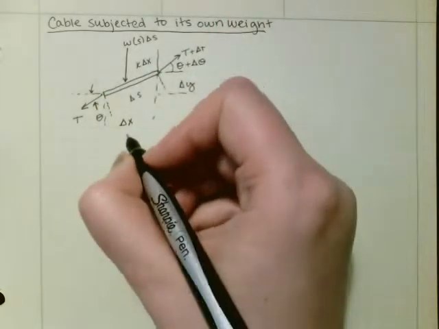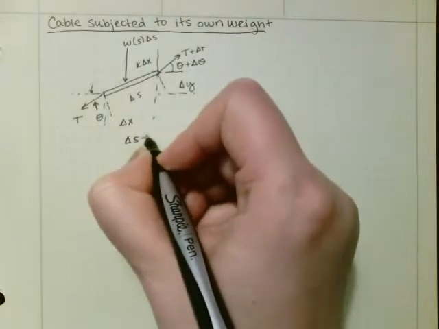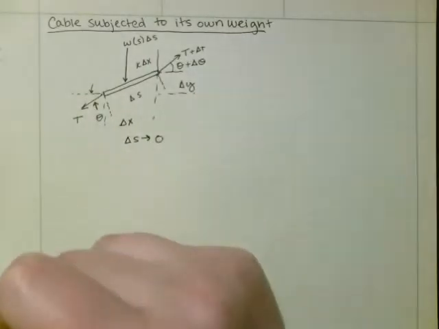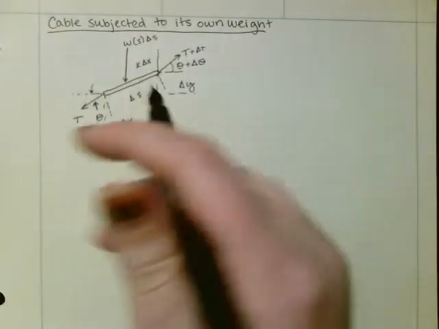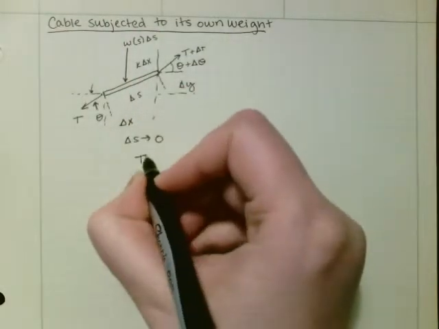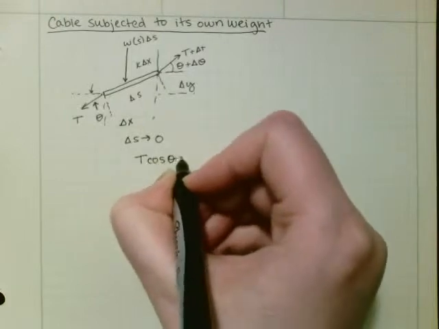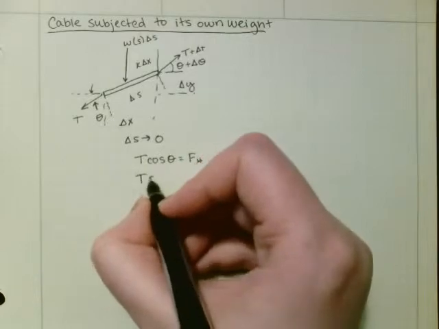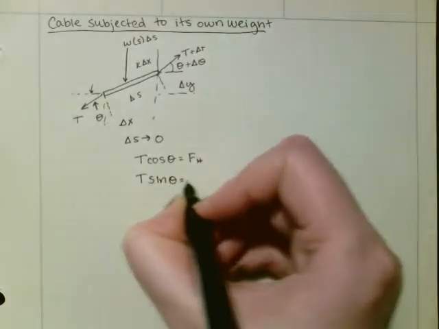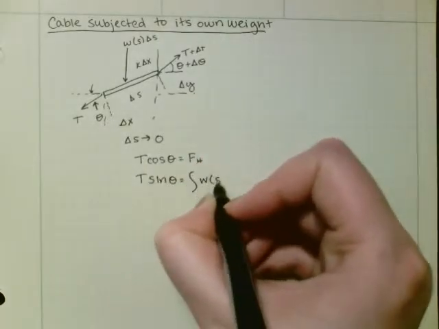And now what we'd want to do is put delta s going to 0. So if you were to do the whole thing that we did last time, you would end up with T cosine theta still equal to F_H. T sine theta would be equal to the integral of w(s) ds.